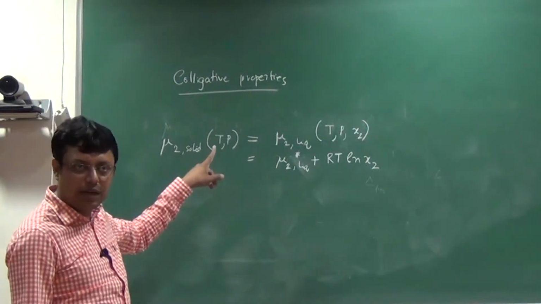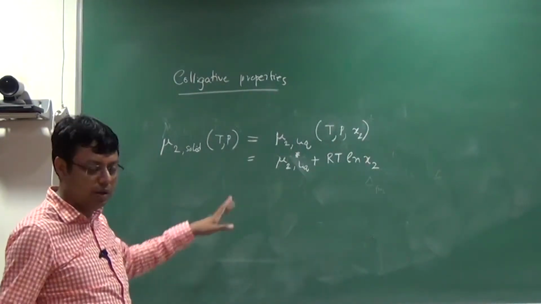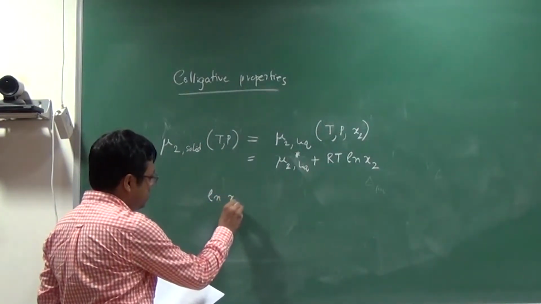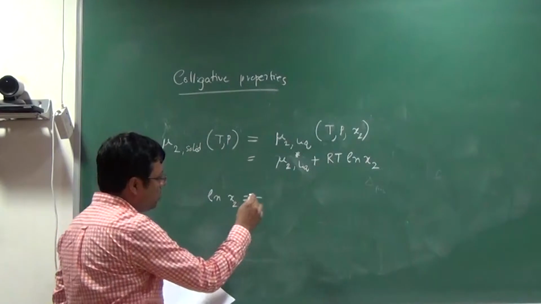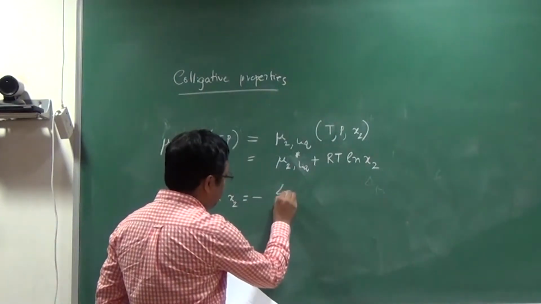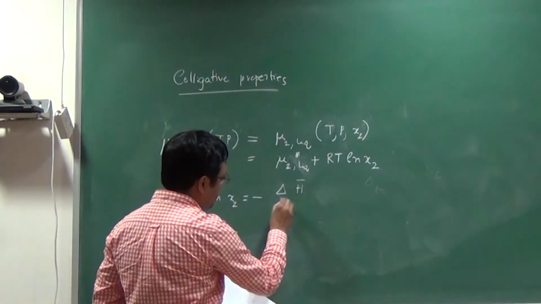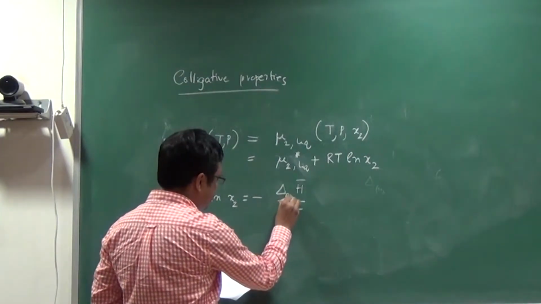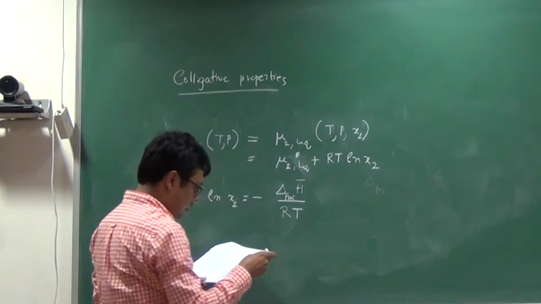That will be delta H fusion, same thing. So ultimately what I have is ln x2 is minus what we had, delta H bar divided by RT. And that was basically delta H fusion, right?